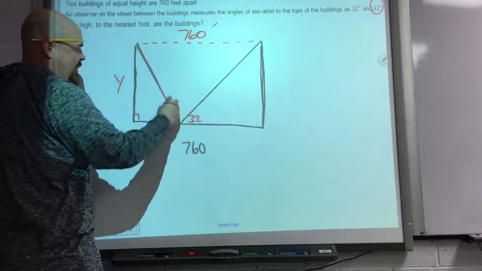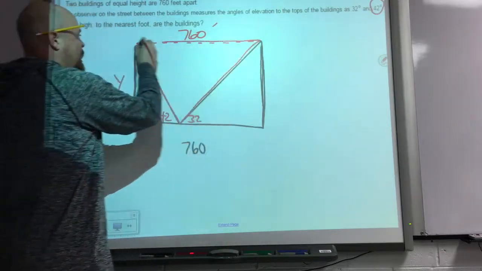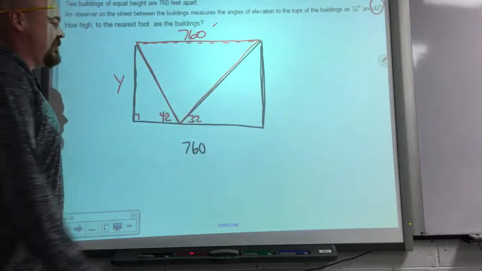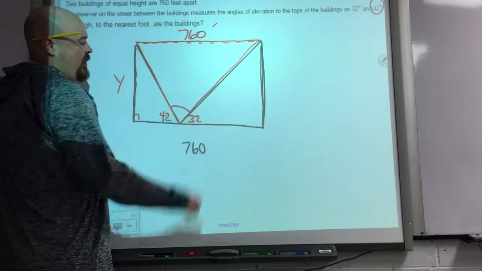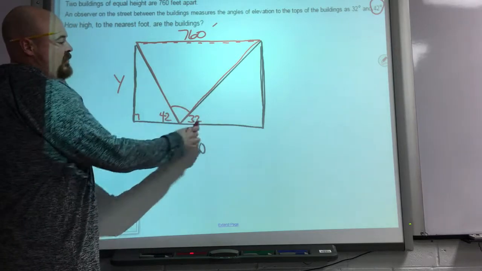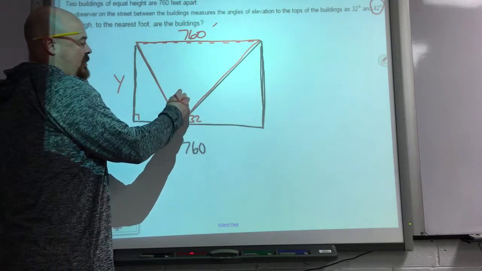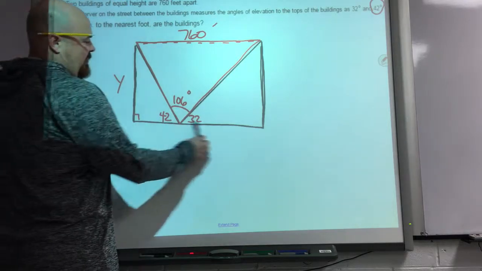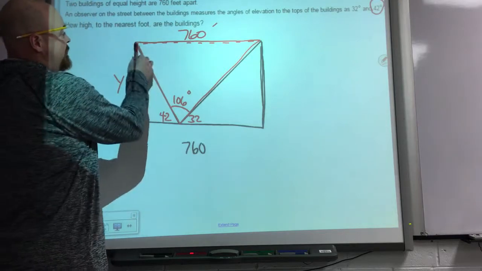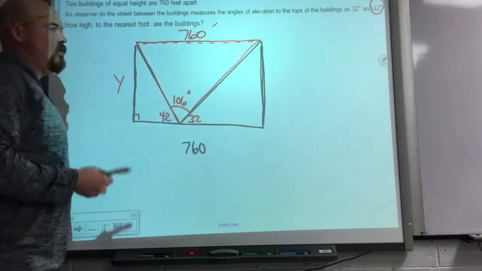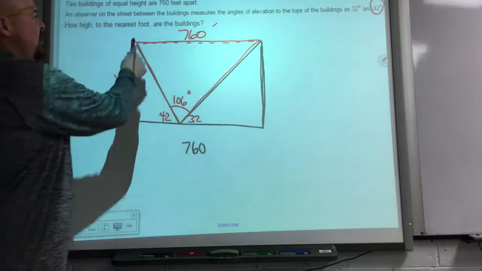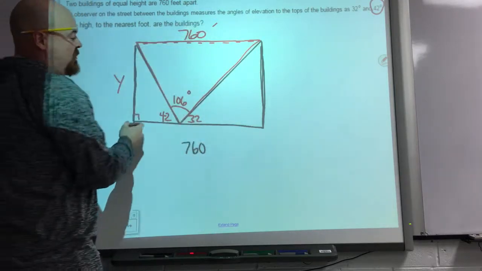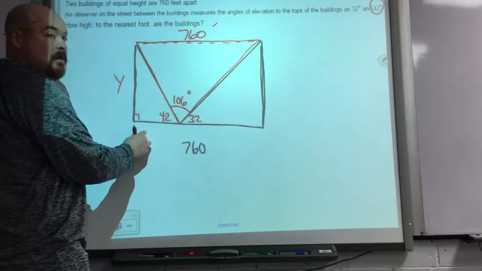Now when we look at this triangle, if that distance is 760 feet, we can figure out what this angle is, right? These are supplements, so you add all those together, you get 106 degrees. Now what else do we know? This is flat ground. Since the height of these two buildings is the same, this segment is horizontal as well, which makes it parallel to this segment.